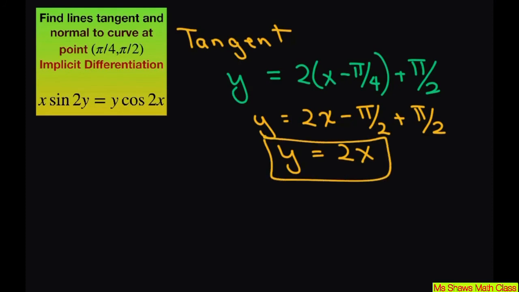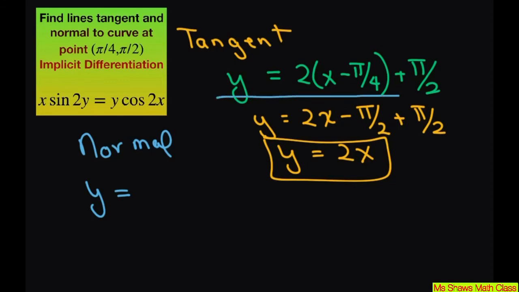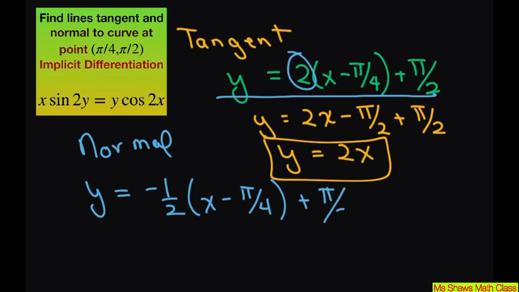And then for the normal, y equals, copy this down, but instead put negative 1/2, the negative reciprocal. So this equals negative 1/2 x plus pi divided by 8 plus pi divided by 2.